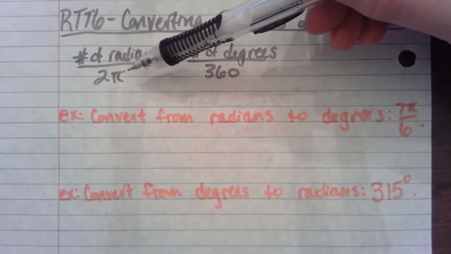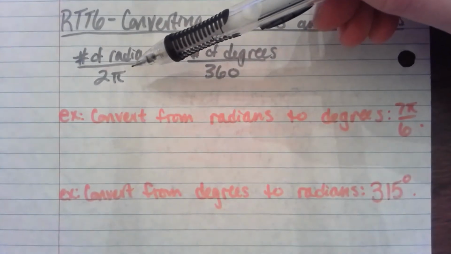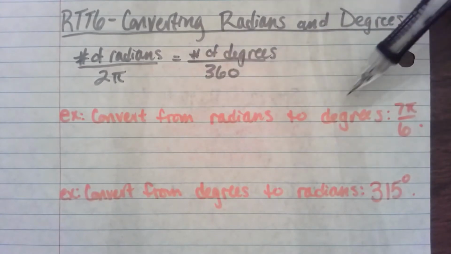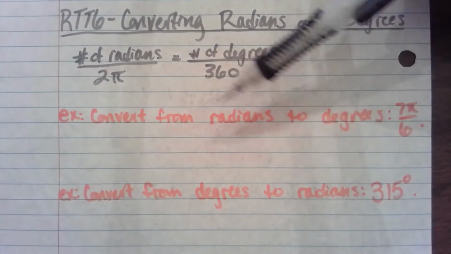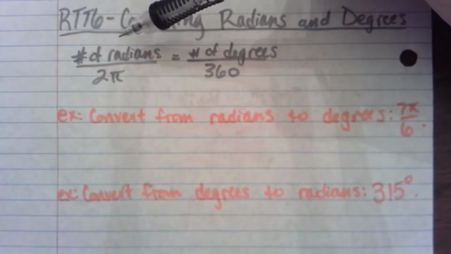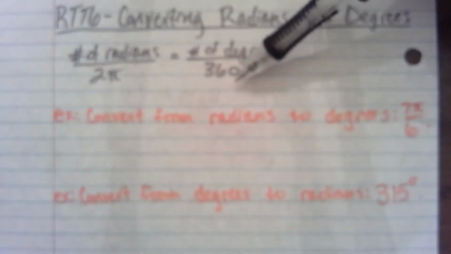And every circle has 2 pi radians. So when we convert from radians to degrees, or degrees to radians, we have to use this ratio right here, where it's going to be the number of radians over 2 pi equal to the number of degrees over 360.